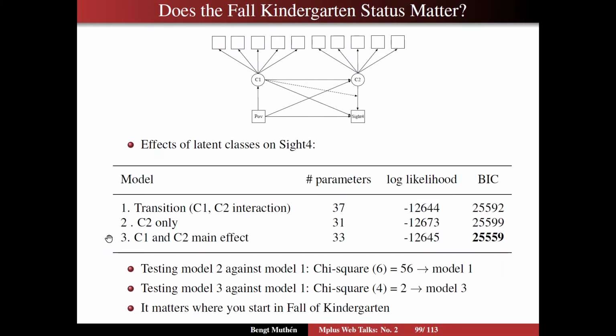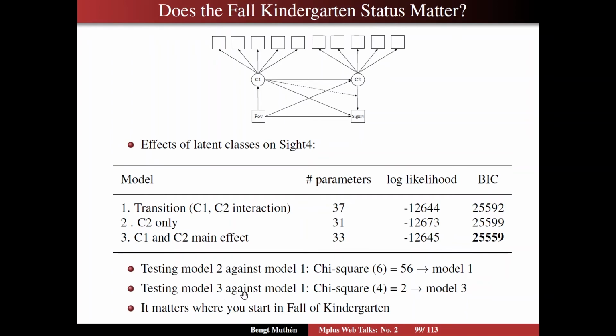Now here's an interesting model 3. C1 and C2 main effects, so not the interaction, but just the main effects, that is this arrow and this arrow. Then you have 33 parameters, and I'll get back to the number of parameters in a second. That gives you a slightly worse log likelihood value, but only 1, so multiplied by 2 gives 2, with 4 degrees of freedom difference.